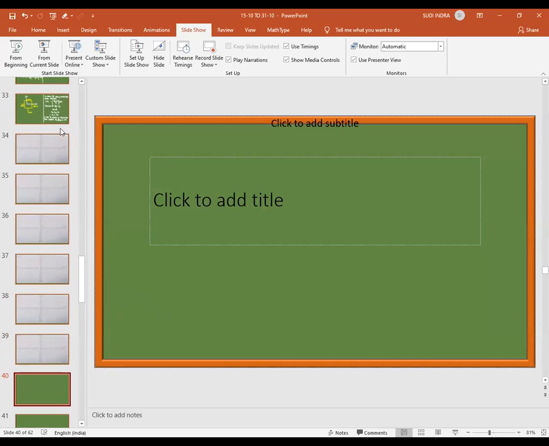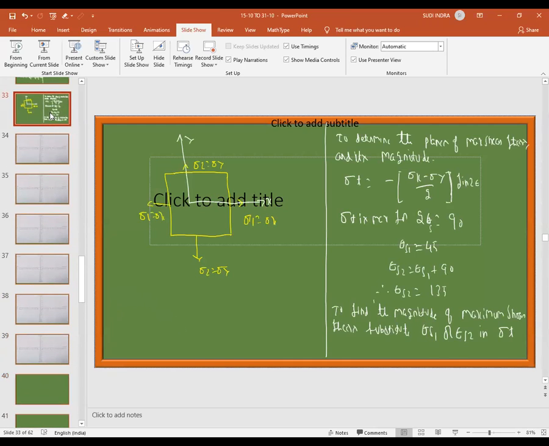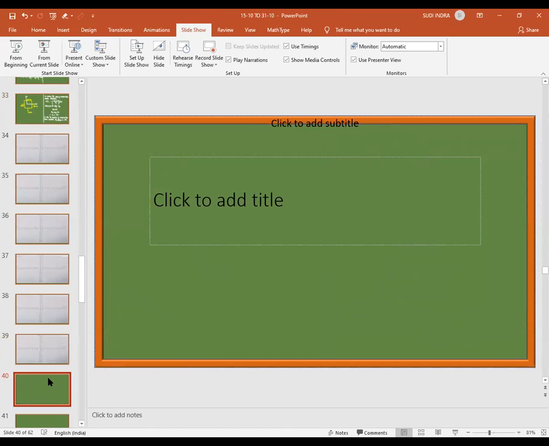What we obtained: theta S1 is 45, theta S2 is 135. I need to find the magnitude. Sigma t is equal to minus sigma x minus sigma y by 2 sin 2 theta.